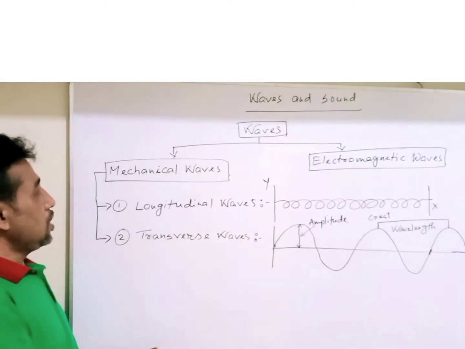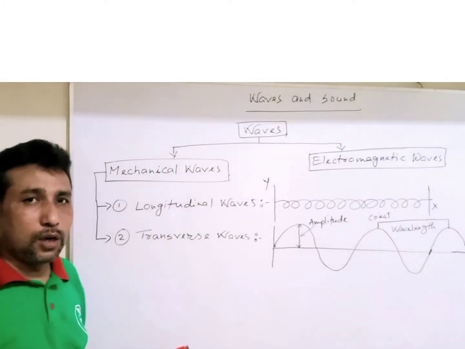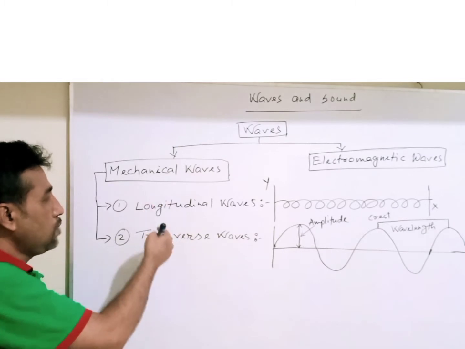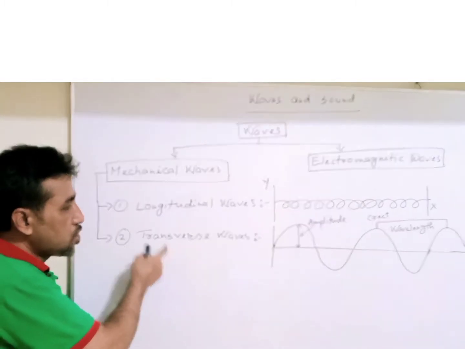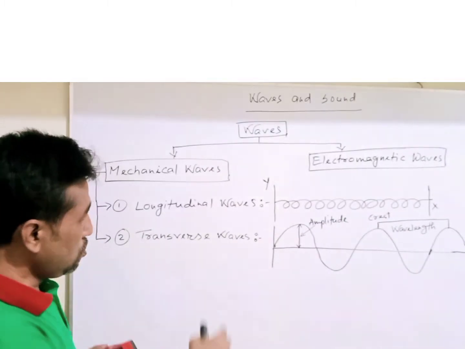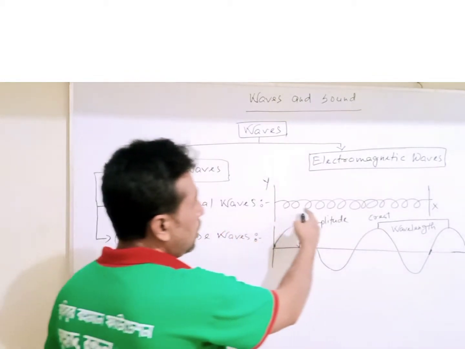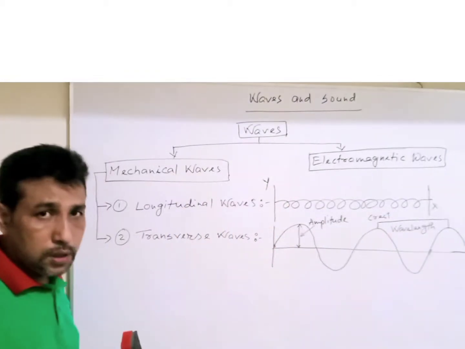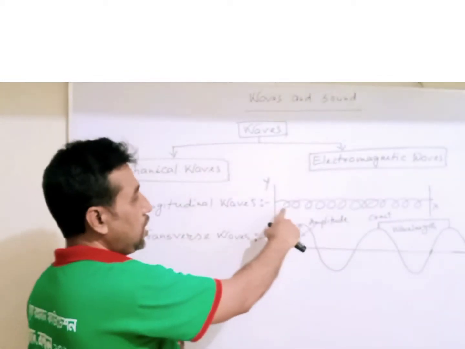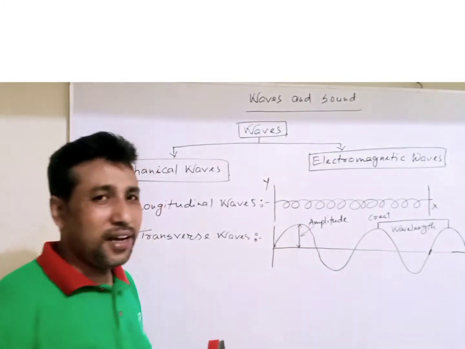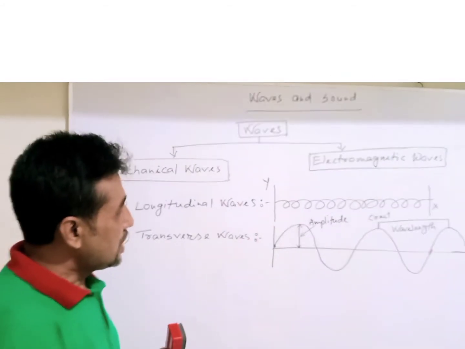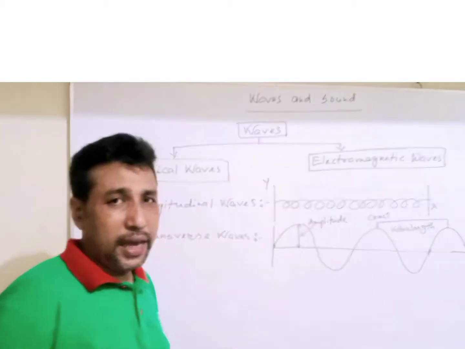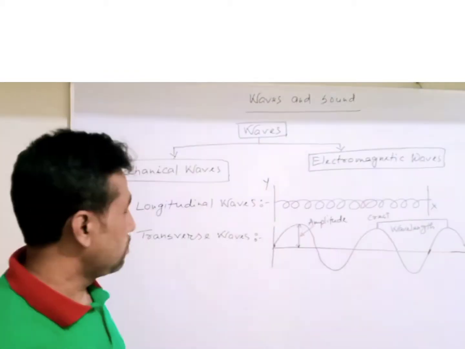Now, let us know the types of mechanical waves. There are two types of mechanical waves: longitudinal waves and transverse waves. You see here, I have drawn a figure for you. It actually looks like a slinky toy or a spring.